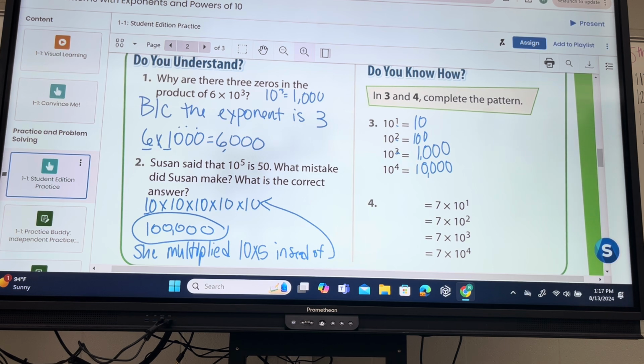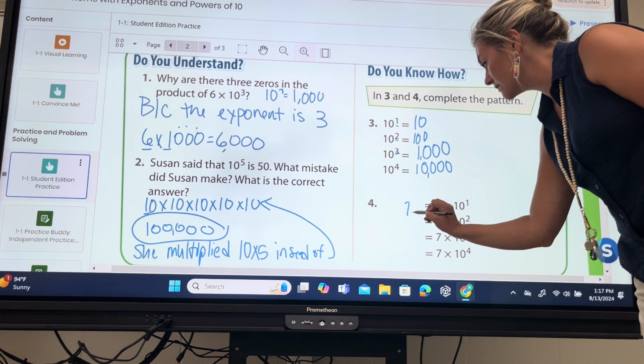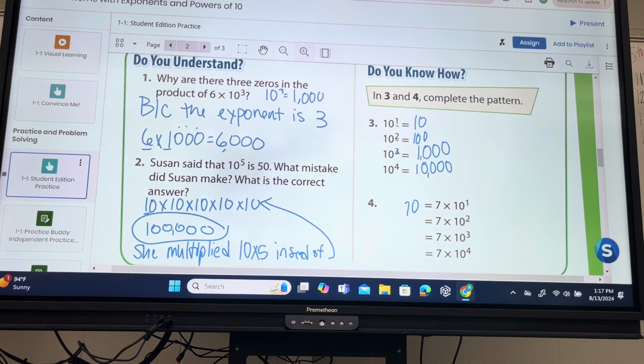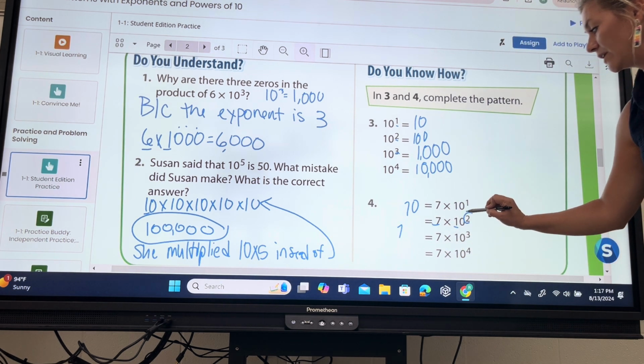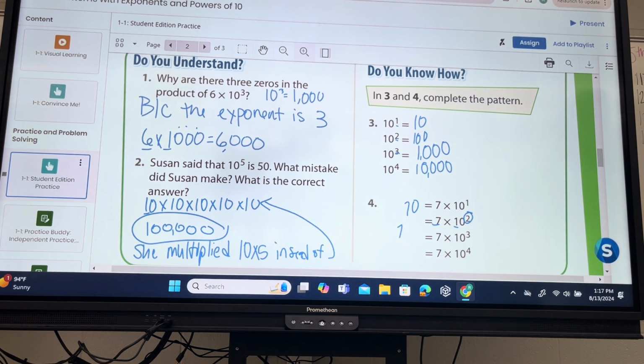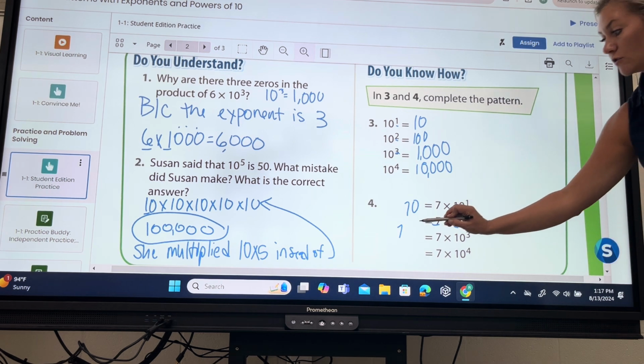Alright, now we're flipping. What equals 7 times 10 to the power of 1? 10 to the power of 1 is 10. So 7 times 10 is 70. 7 times 1 is 7, and how many zeros? 700, 2 zeros.